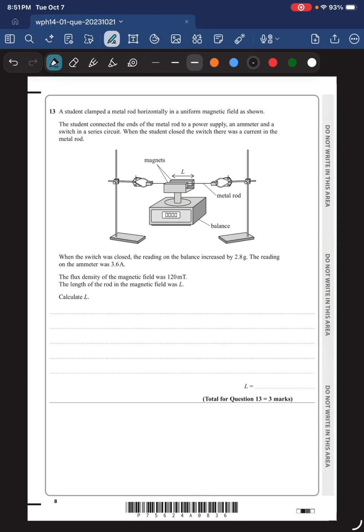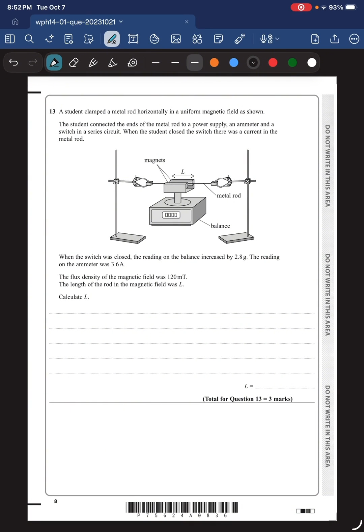Question 13. A student clamped a metal rod horizontally in a uniform magnetic field as shown. The student connected the ends of the metal rod to a power supply, an ammeter, and a switch in a series circuit. When the student closed the switch, there was a current in the metal rod. When the switch was closed, the reading on the balance increased by 2.8 grams.